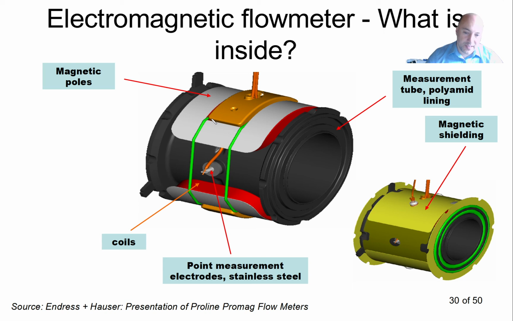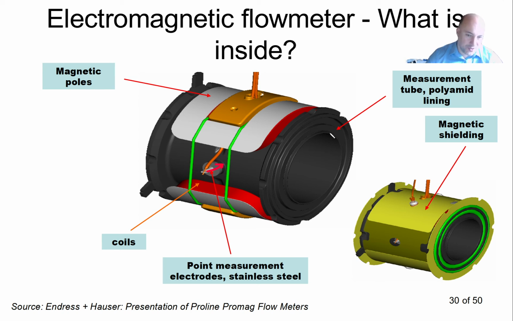Here this is the pole shoe that is distributing the magnetic field in the pipe, orienting the magnetic field uniformly in the whole cross section. And here you can see the assembly of the electrode, which goes in the pipe, and then there would be another electrode from the other side.